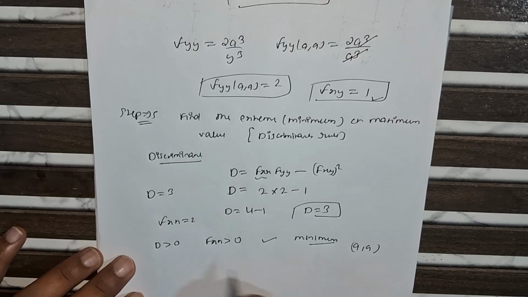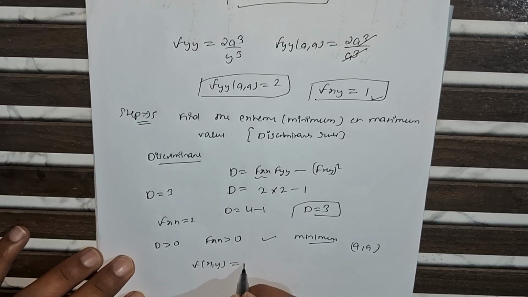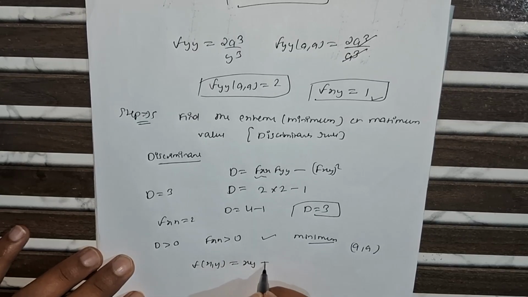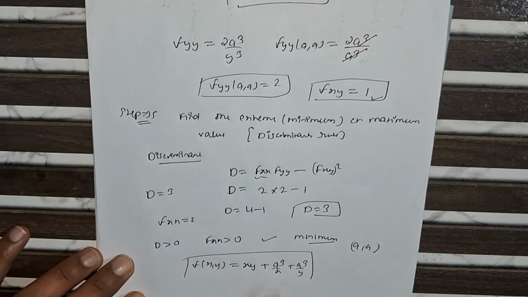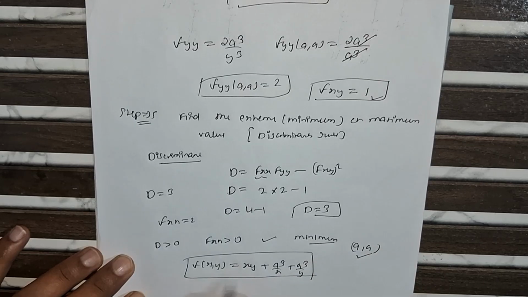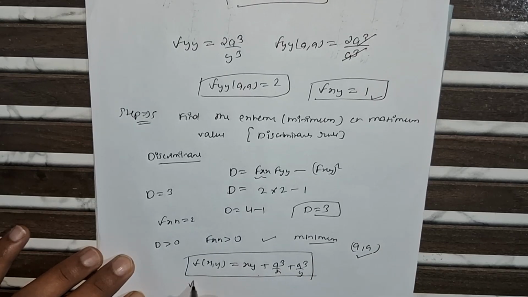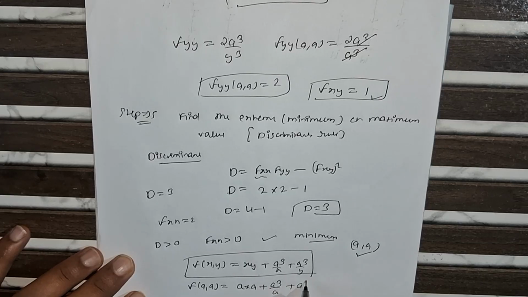So our main function is f(x, y), which is equals to xy plus a³/x plus a³/y. So our critical point is a comma a. Substitute the value of a comma a in this main function, which is f of a comma a, which is equals to a into a plus a³/a plus a³/a.